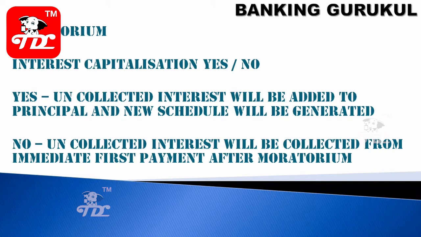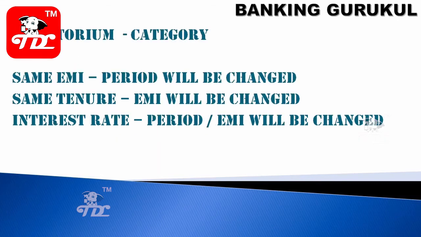EMI is something like 5,700 rupees or 5,800 rupees. When you go for a moratorium, you can update the schedule. So during the updation, you can choose interest capitalization, yes or no. If capitalization is no, then the uncollected interest will be collected from the immediate first payment after moratorium. So this interest will not be added to your new scheduled amount or principal outstanding. It will be collected from the first payment after the moratorium period.